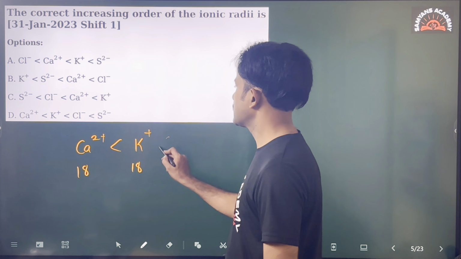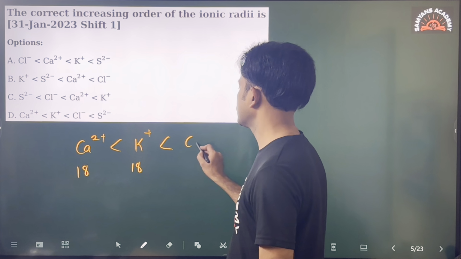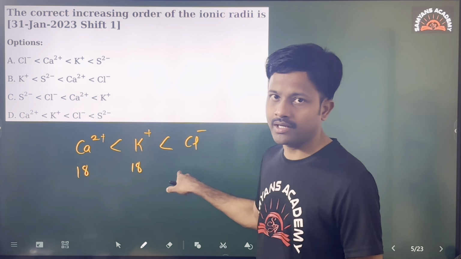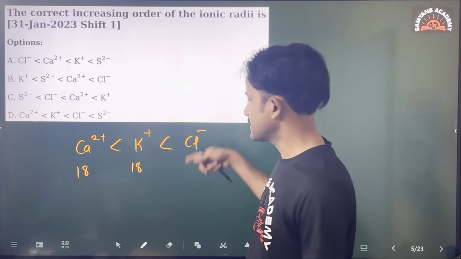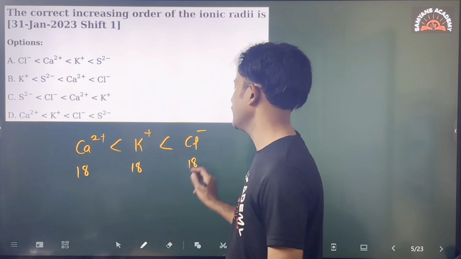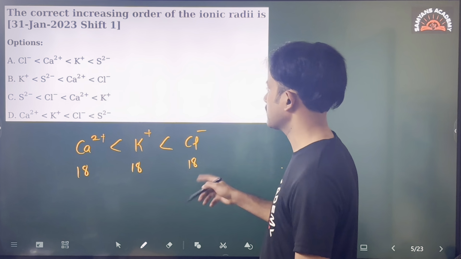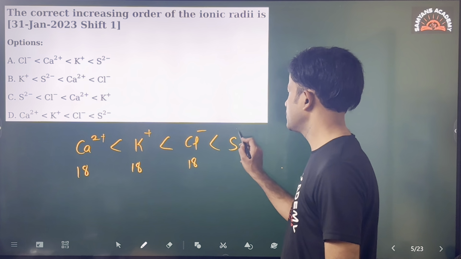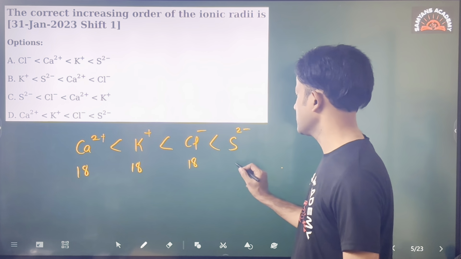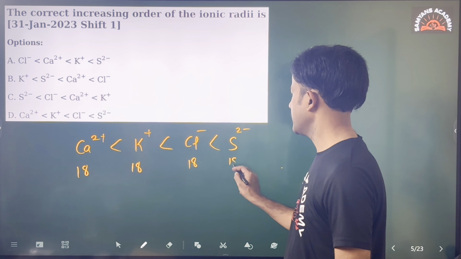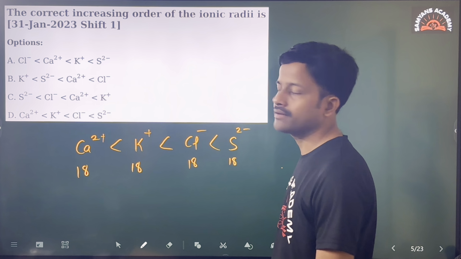Next, Cl minus. Chlorine atomic number is 17, and minus means it gains 1 electron. 17 plus 1 is also 18 electrons. And sulfur S2 minus gains 2 electrons, so this is also 18. This means this is the right option.